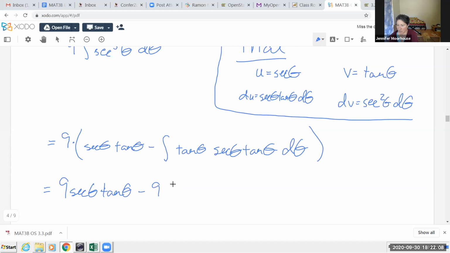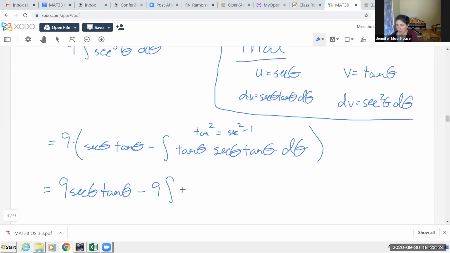So this is 9 times the integral of, we've got a tan squared in here, and tan squared is secant squared minus 1.